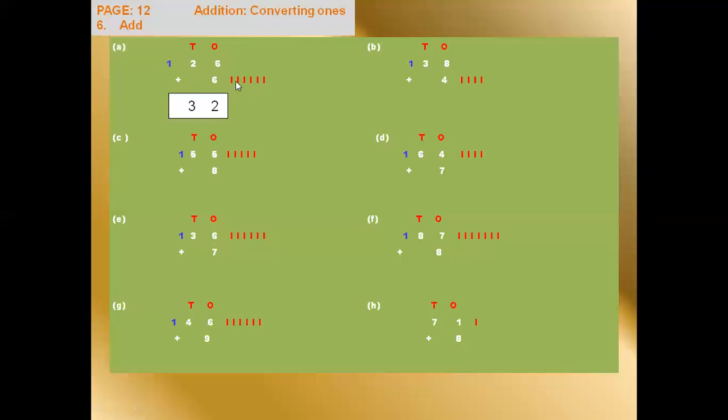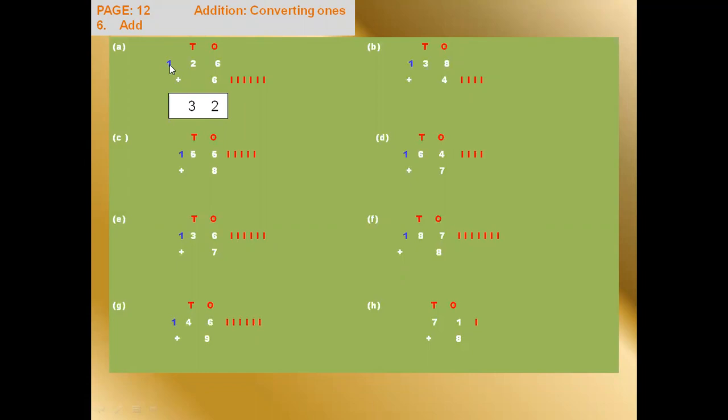Okay. So look this one. This is 6 plus 6. So after this 6, we start counting 6, 7, 8, 9, 10, 11, 12. So write here, no, only we will write here 2 and 1 is carry.